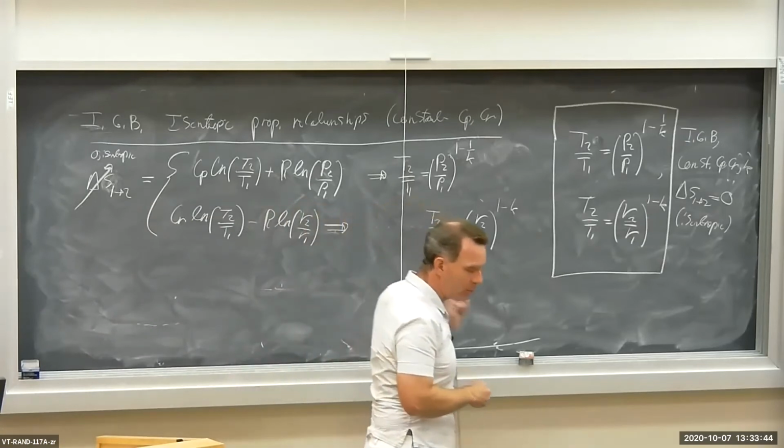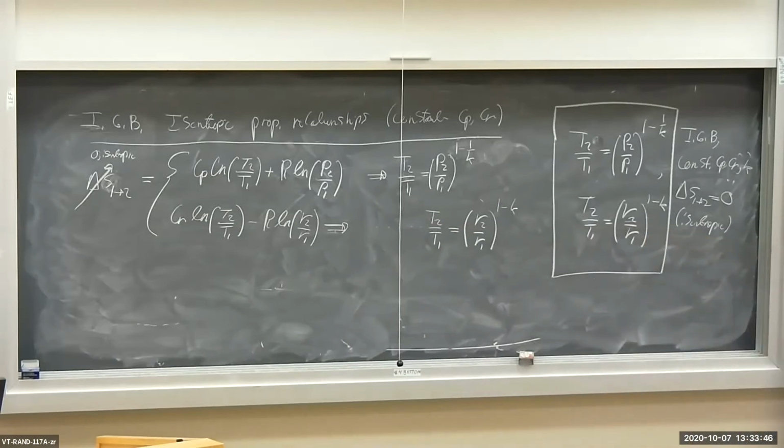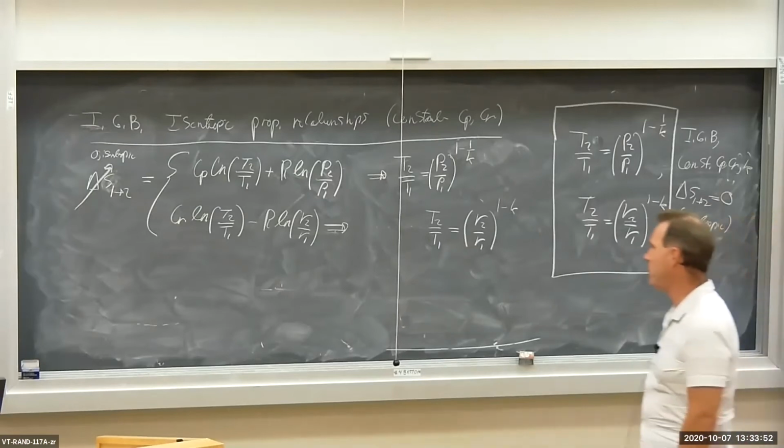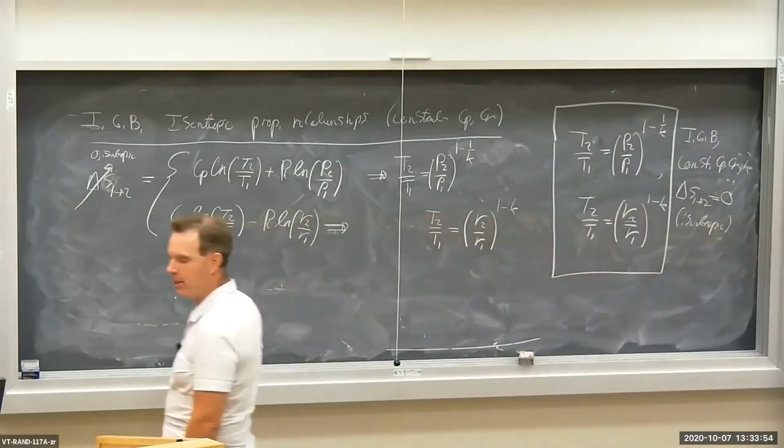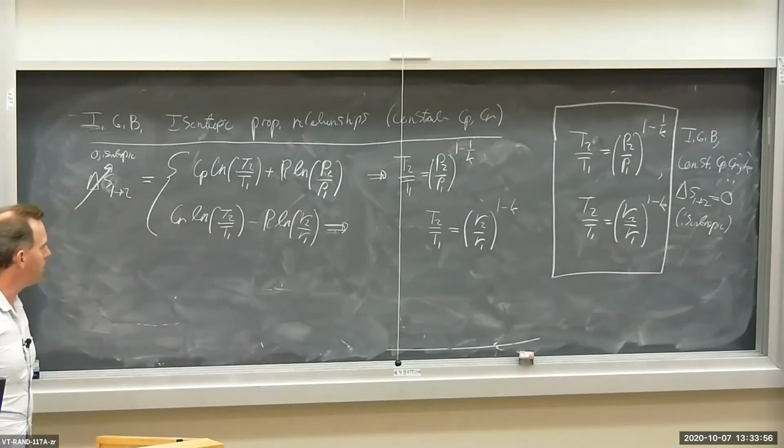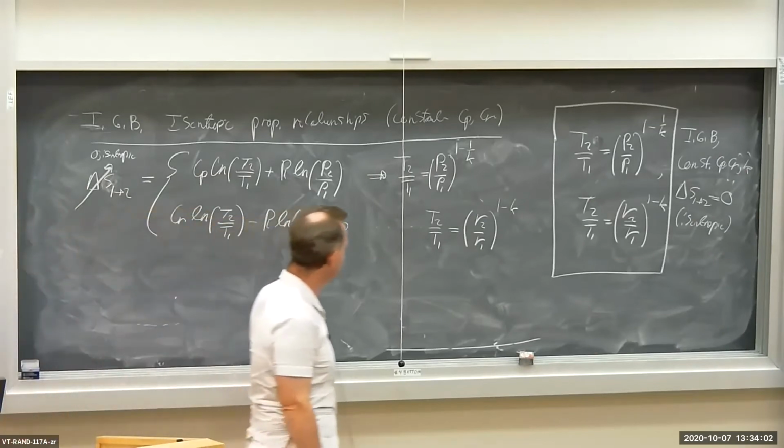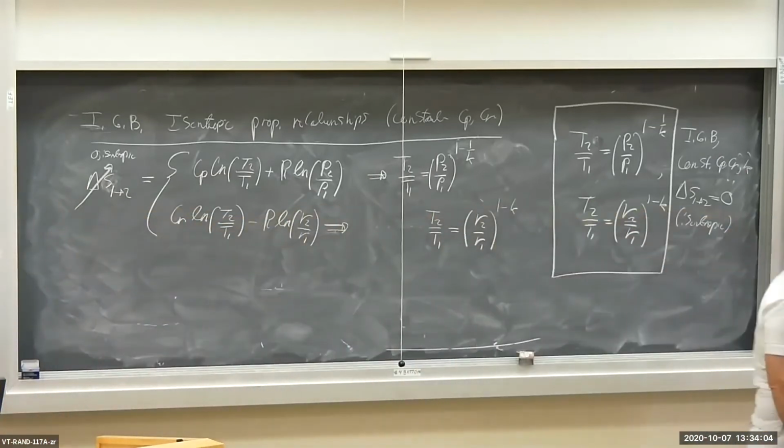So a little bit of algebra. On the first property relationship, delta S is equal to 0. And we arrive at T2 over T1 is equal to P2 over P1 to the 1 minus 1 over K. Luckily, I think you can see a small version of the screen while I'm working.